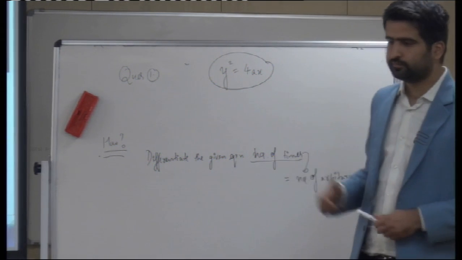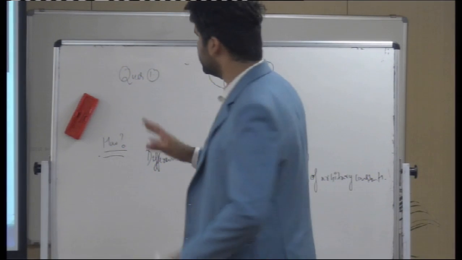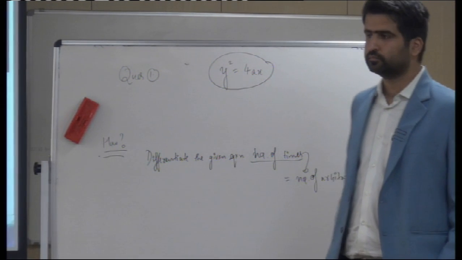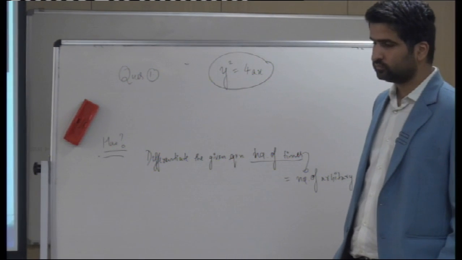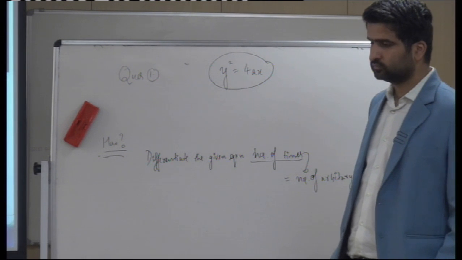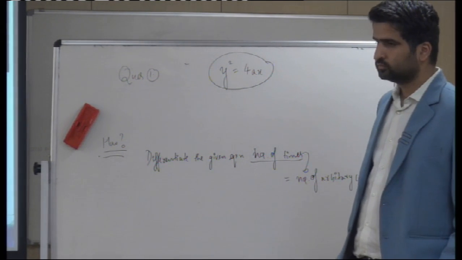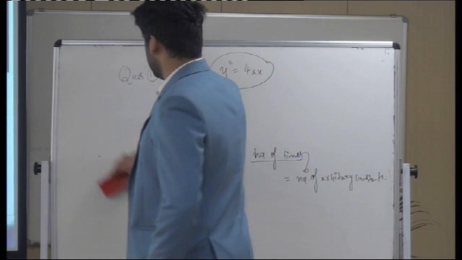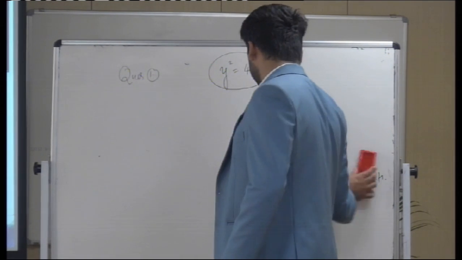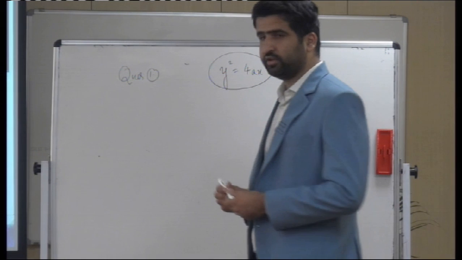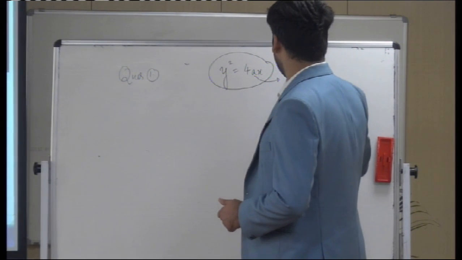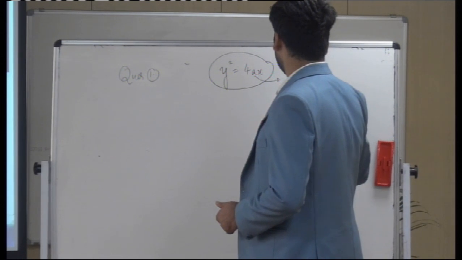Just try it out. How many arbitrary constants are there? Just one, which is a. This is the only arbitrary constant over here.